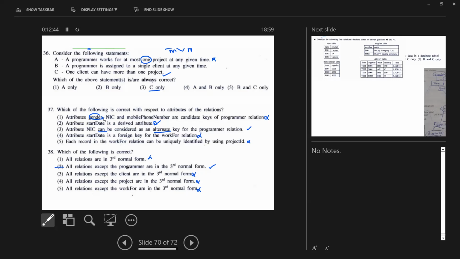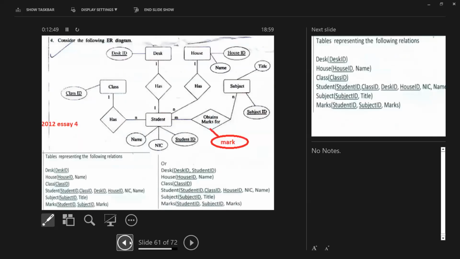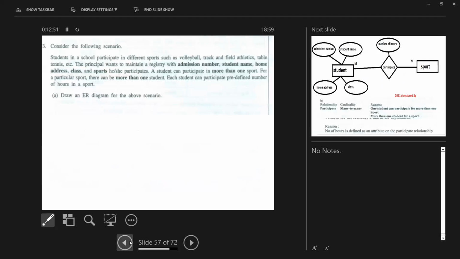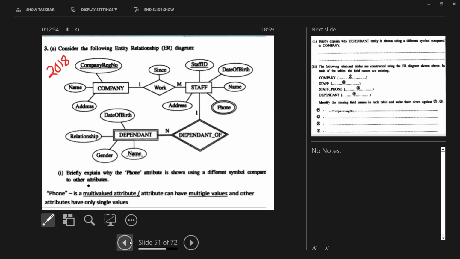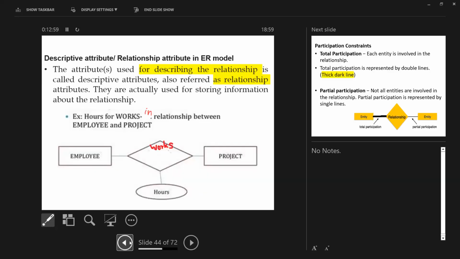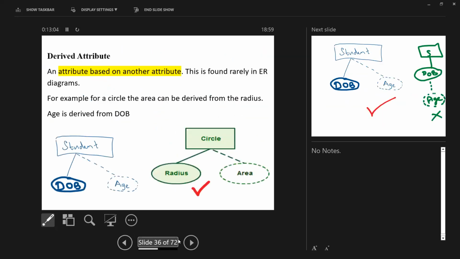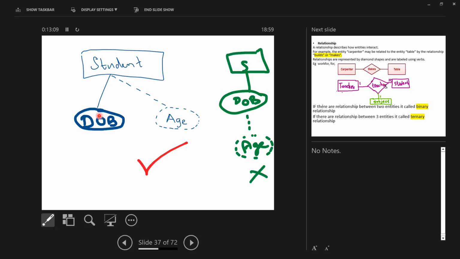Okay. Let me show you a derived attribute. Only the date of birth we are going to put into the database. From that date of birth, we derive the age. Can you remember derived attributes? The DOB is there. From the DOB, we derive the age by subtracting the DOB from today's date.